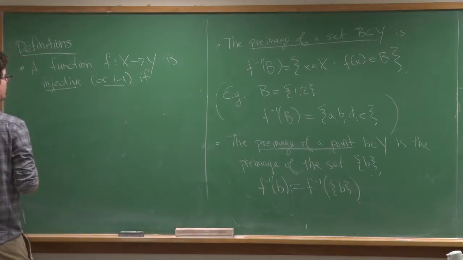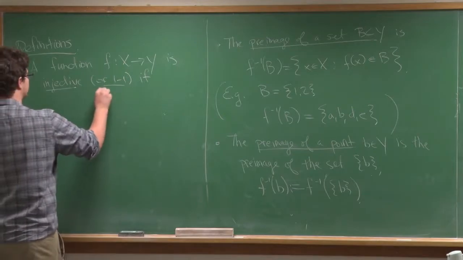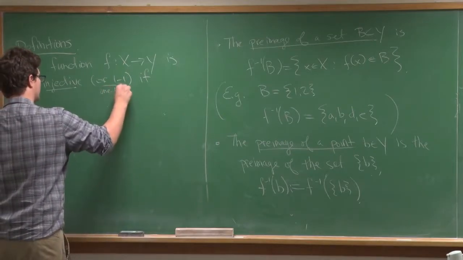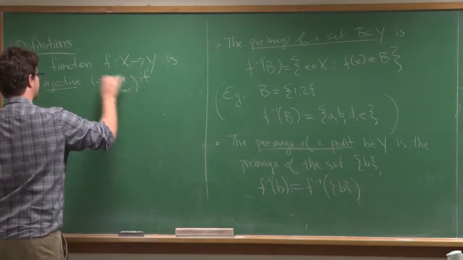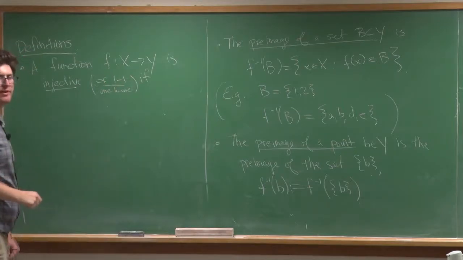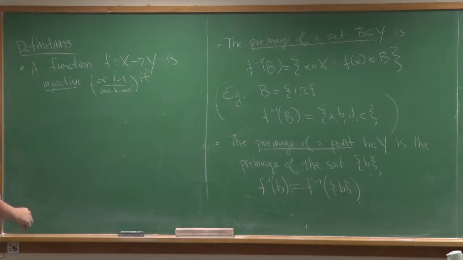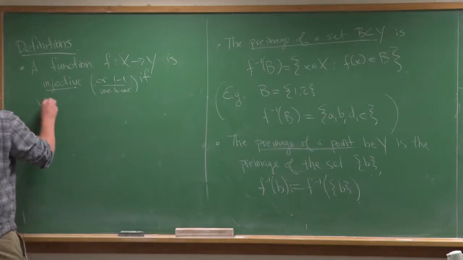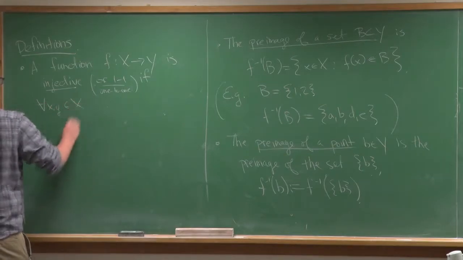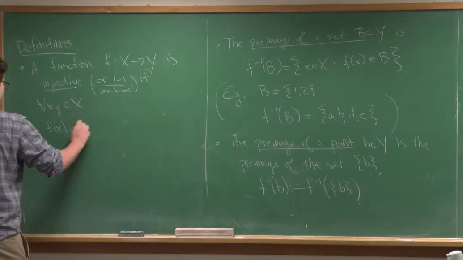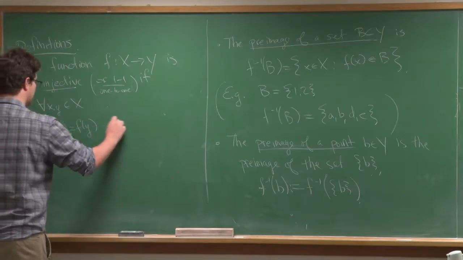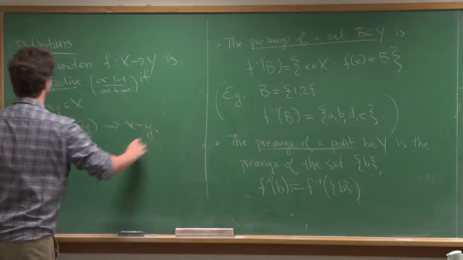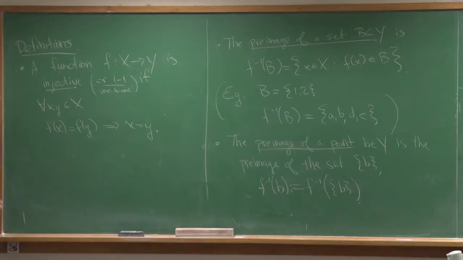This is read one-to-one. Surjective and injective come from French words. So f is injective if for all x, y in X, f of x equal to f of y implies x is equal to y. So that's when a function is injective.